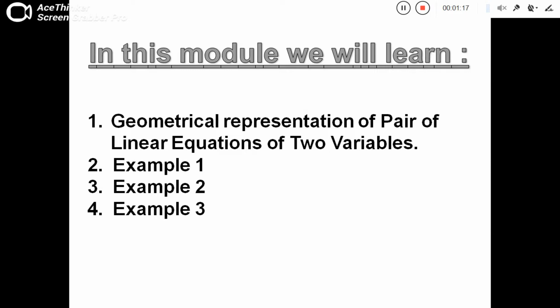On the completion of these 3 examples, you will be able to solve the first exercise of this chapter, which is 3.1.